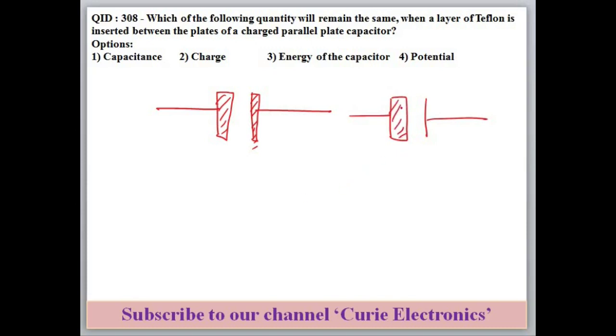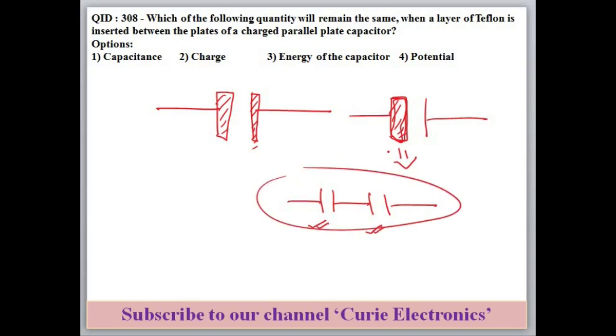I have already told, if any dielectric is inserted in between the plates of a capacitor, it will act as a series capacitor. The same thing you can show like this. This is your C1, this is your C2. Now you can solve with the series calculation rule.